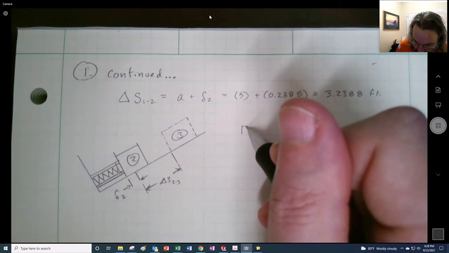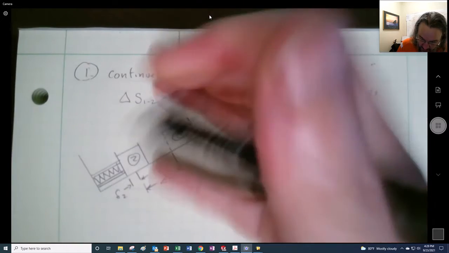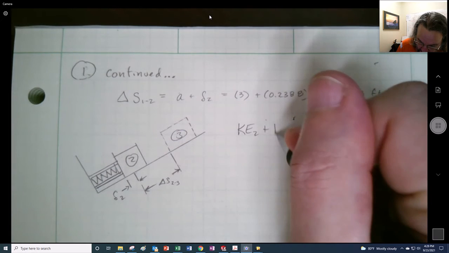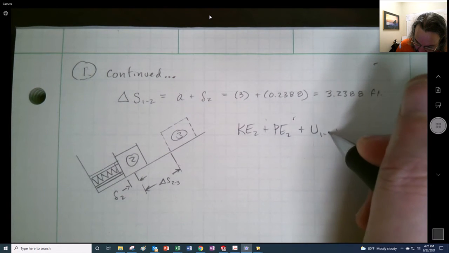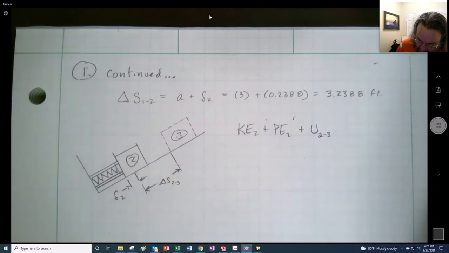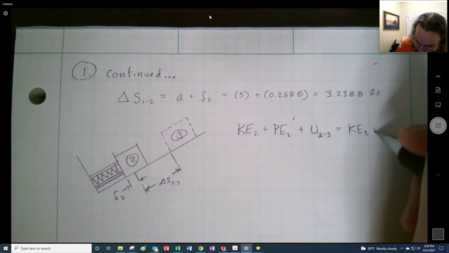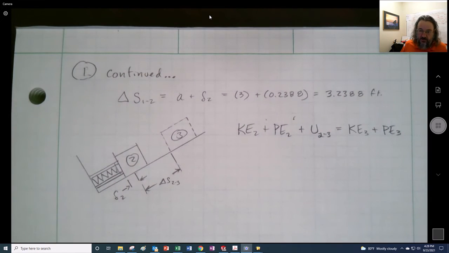So let me write out the equations. The main equation we have right here is going to be KE2 plus PE2 plus work done between 2 and 3 is equal to KE3 plus PE3.